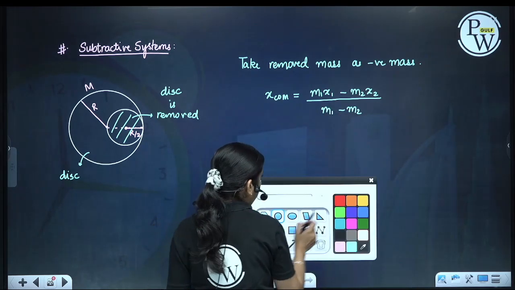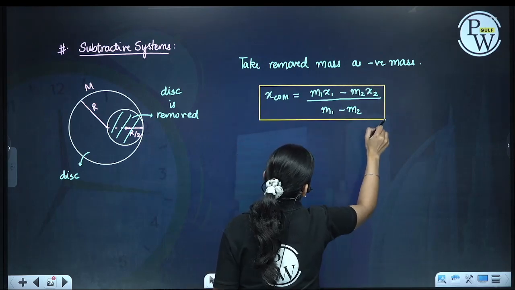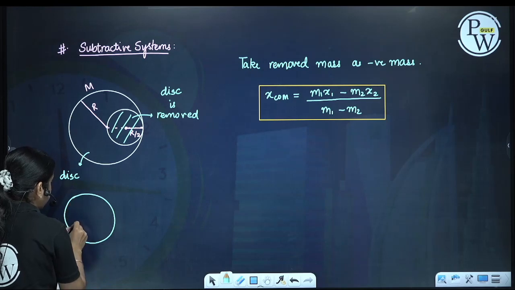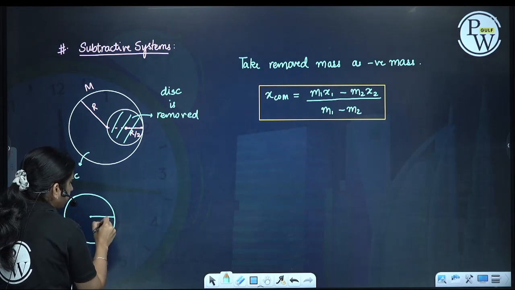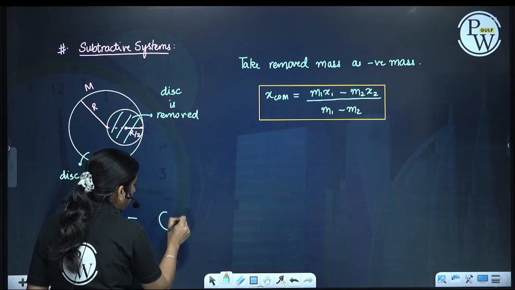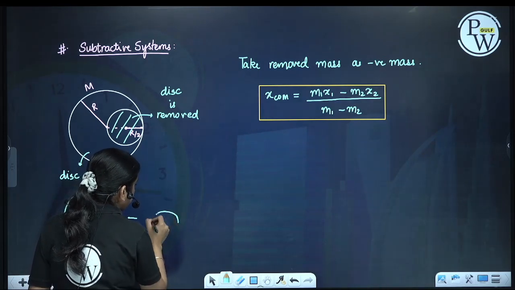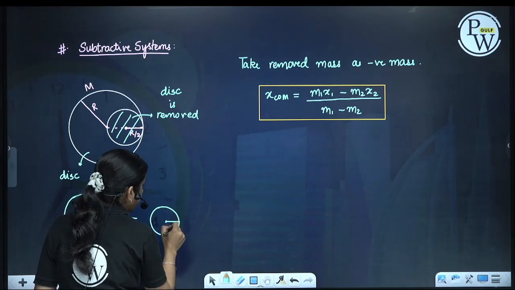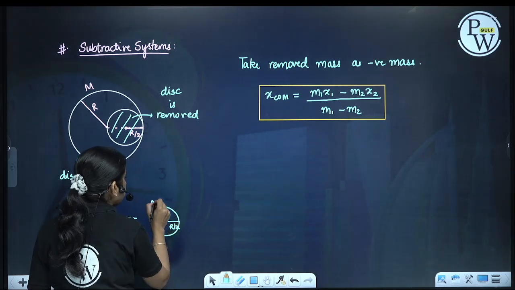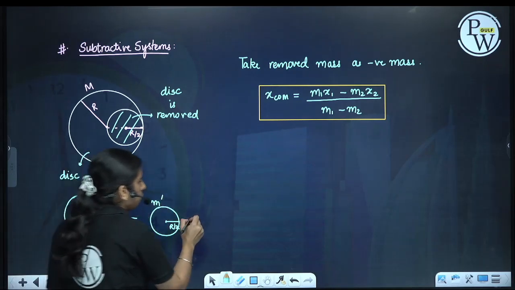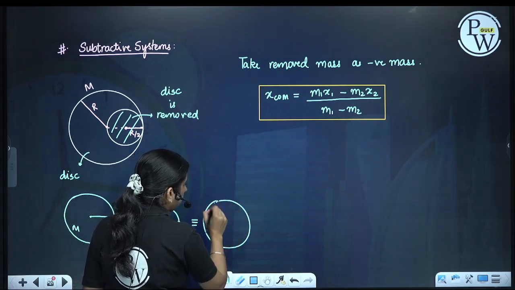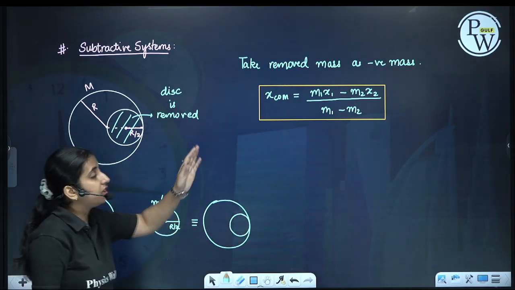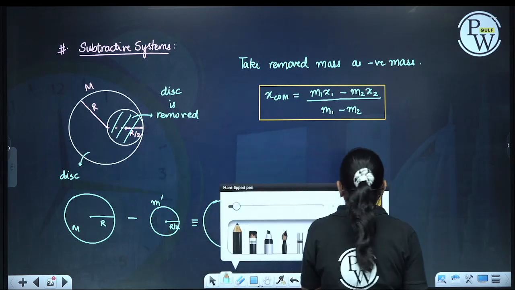This is how it will look, because we had a complete disk of mass m and radius r, from which a small disk of radius r by 2 and some mass m prime is removed, so that we get this. Now we have to find the center of mass of this, so treat the removed mass as negative.